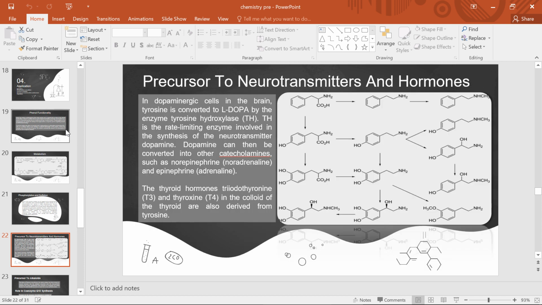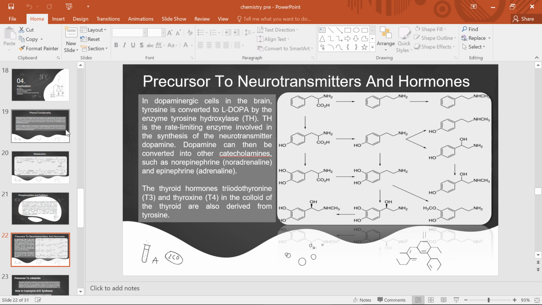Precursors to neurotransmitters and hormones. In dopaminergic cells in the brain, tyrosine is converted to L-DOPA by the enzyme tyrosine hydroxylase. Tyrosine hydroxylase is the rate-limiting enzyme involved in the synthesis of the neurotransmitter dopamine.